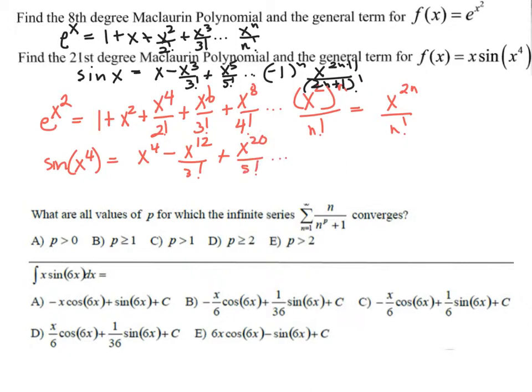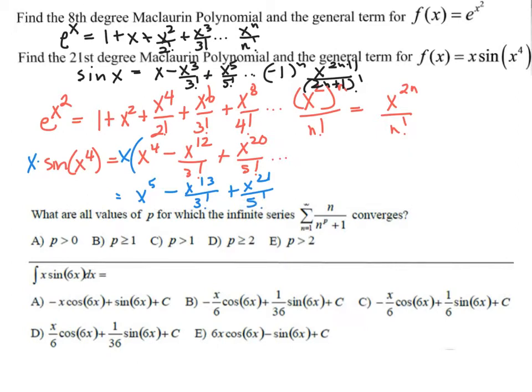So now, if I'm really going to multiply by x, I'm multiplying this function by x, well, this is algebraic. If I do it to one side, I just do it to the other as well. So I end up with x to the 5th minus x to the 13th over 3 factorial plus x to the 21st over 5 factorial.